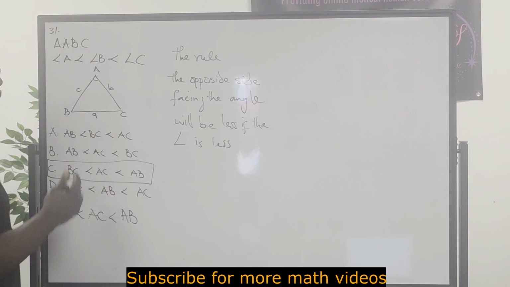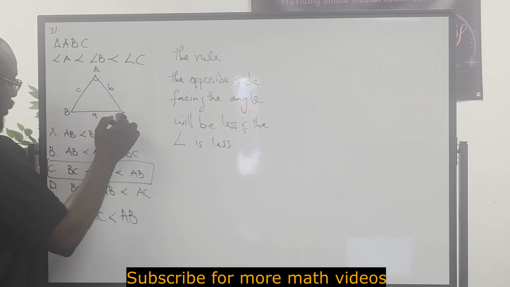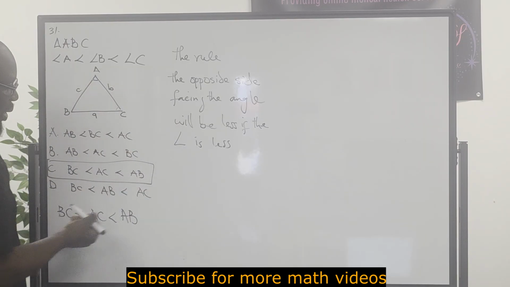So that's what we did. Opposite side of A is a, and that is BC. Opposite side of B is b, and that's AC. And opposite side of C is c, and that's AB. That's how I arrive at the answer.